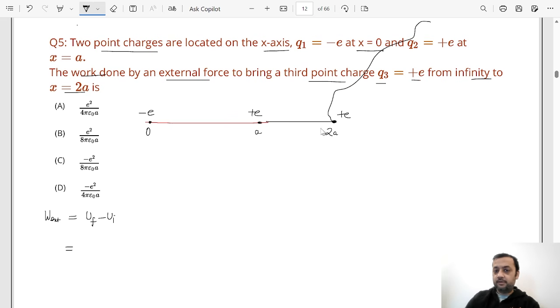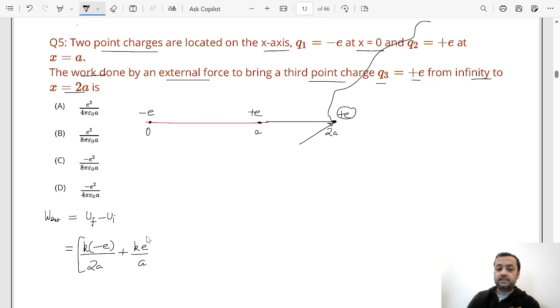So how will you write that? You have to multiply e into the potential at this location, because that will give you the final potential energy of this plus e. What is the potential at the 2a location because of these two charges? That will be k into minus e upon the distance 2a, plus k into e upon the distance a.